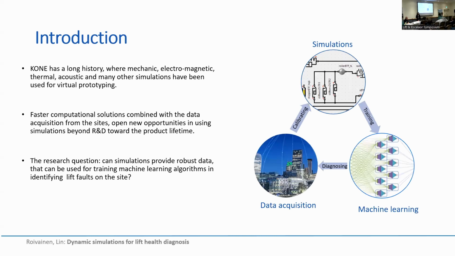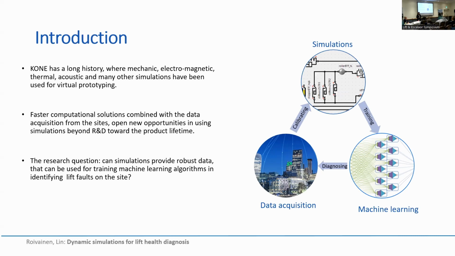The research question that we tried to answer in this paper was: can simulations provide robust data that can be used for training machine learning algorithms in identifying lift faults on the site? So we went into this cycle where we started with simulations of normal runs and malfunctions.